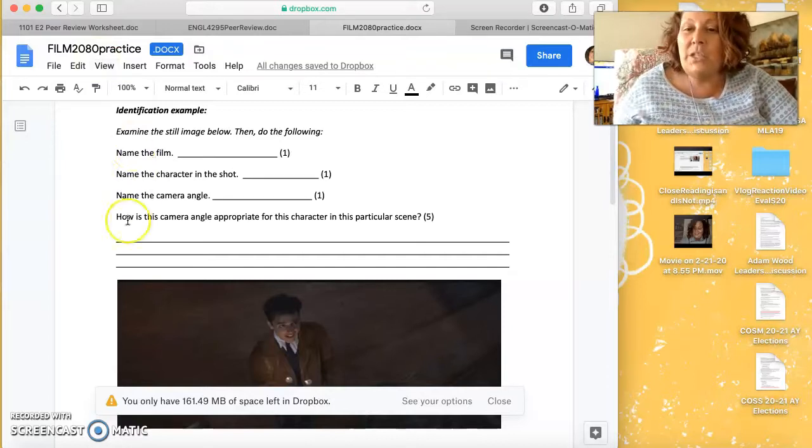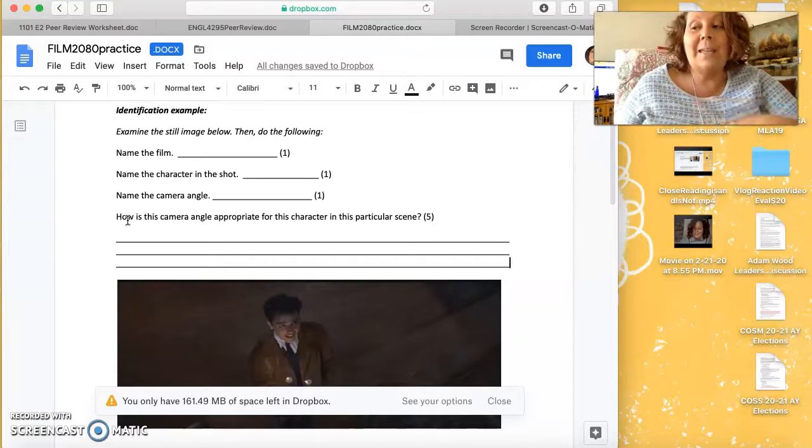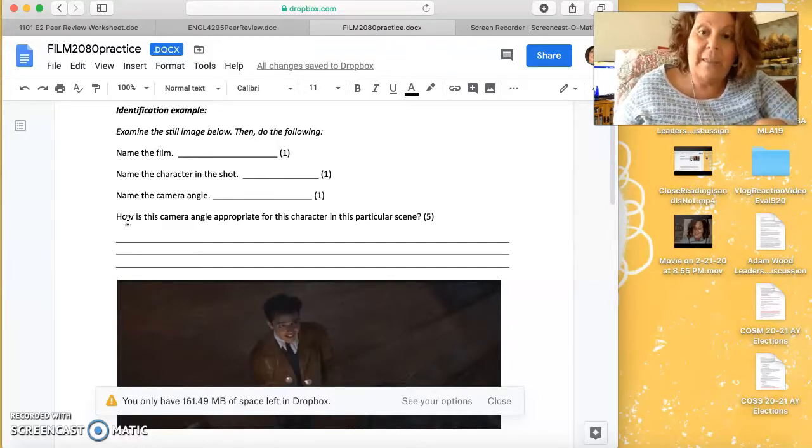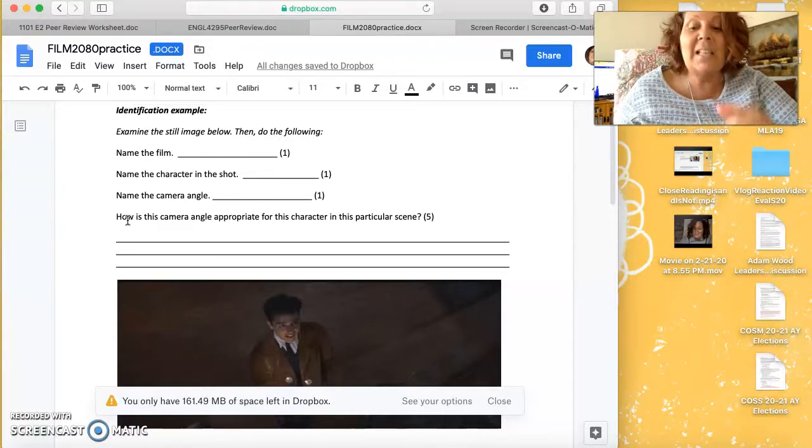And what I was trying to do here is show them what they could expect on the test, but I was also in class giving them an ability to not only demonstrate that they knew the devices that the directors used to put together film, so they could call them out by name, that they could not only discuss what they were, so what the definition is, but also how they are put to use, and of course what is the effect.